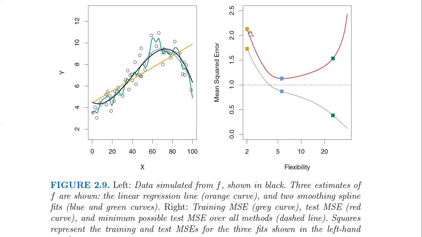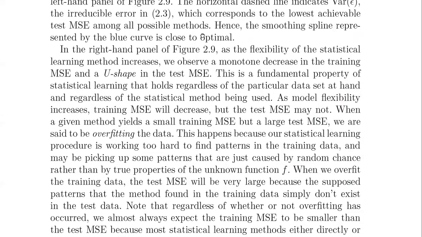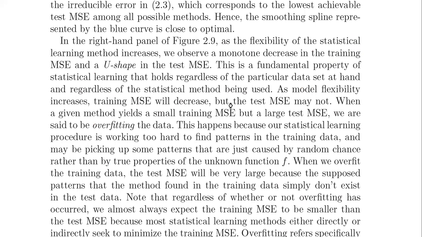So not only is the blue's mean square error lower than the orange and the green, but it's practically as low as it gets, which is what we mean by as close to optimal.